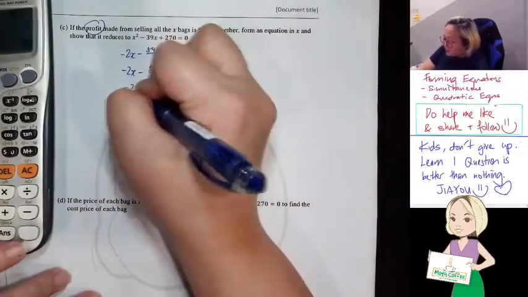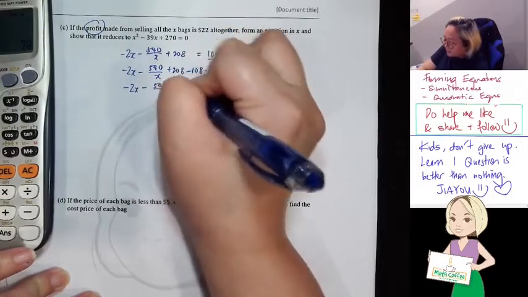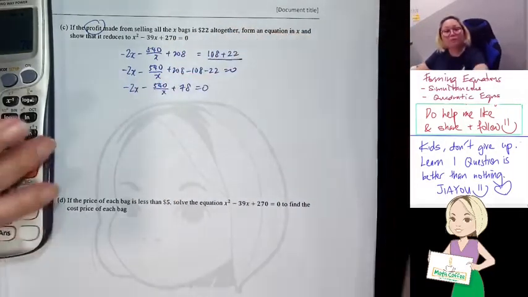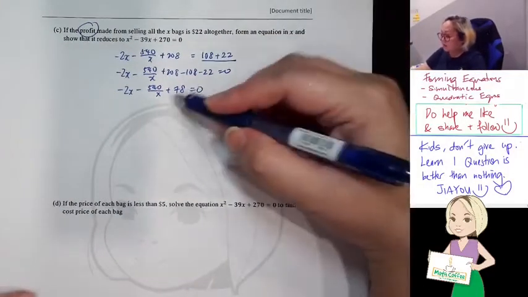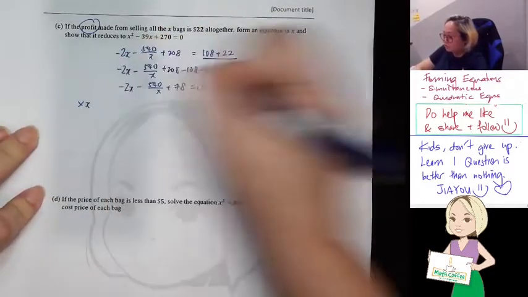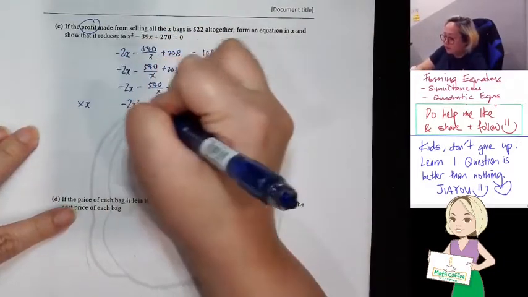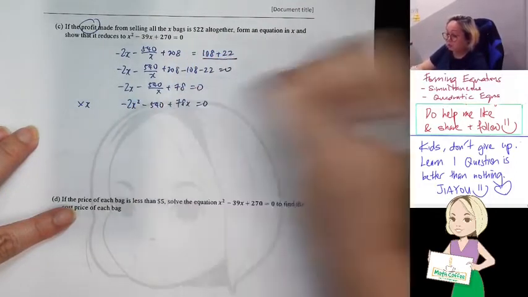So I have minus 2x minus 540 over x plus 78 equals to 0. You can see I have a denominator x, so I'm going to multiply by x throughout. So I get minus 2x squared minus 540 plus 78x equals to 0.